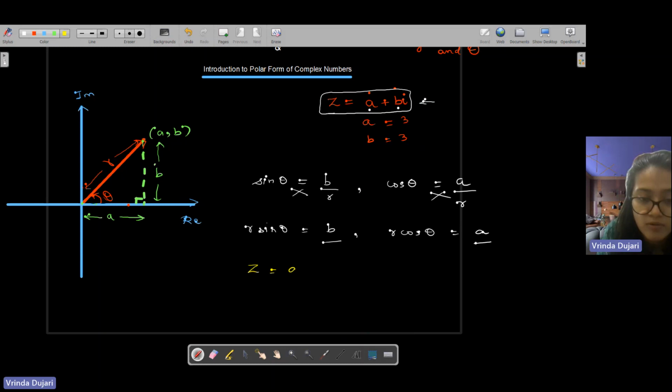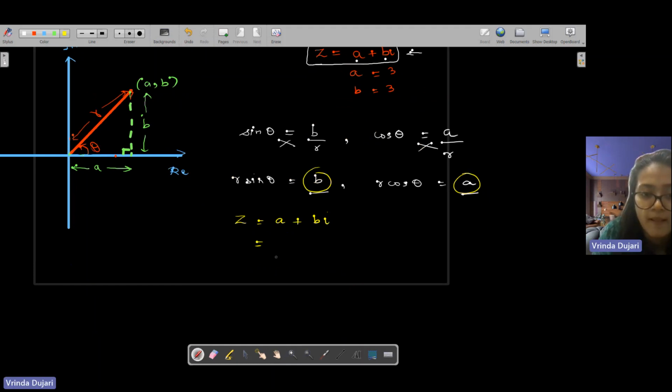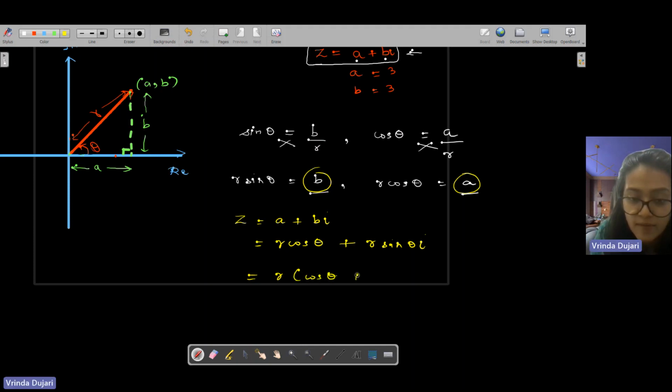Okay, so I know that z is equal to a plus bi, and I've just found out the values of a and b, which I'm going to substitute over here. Value of a is r cos theta, and value of b is r sine theta, and then i is there. I can take out r, and I'll be left with cos theta plus i sine theta.